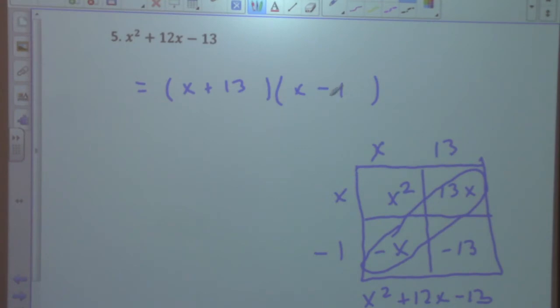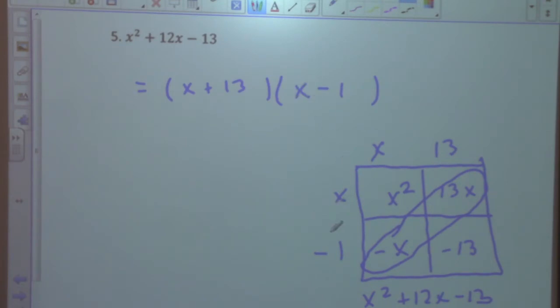Can I ask my question? Yeah, go ahead. Don't these two have to add together to make negative 13? No, they multiply to make the number. Where did 12x go? Because yesterday we did it where the two across had to multiply to equal 12 and add to equal 24.